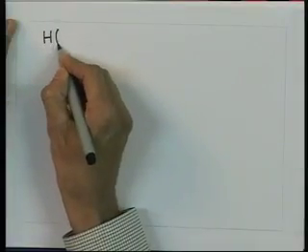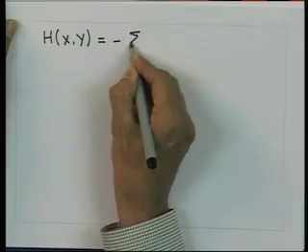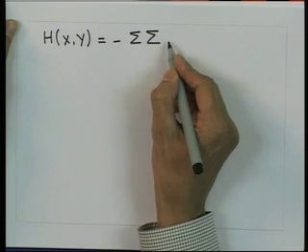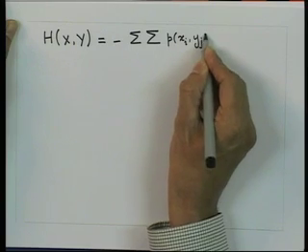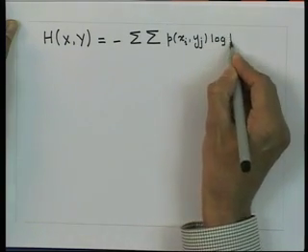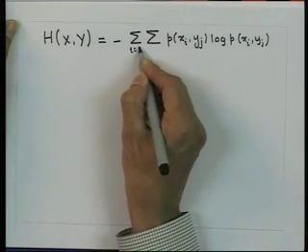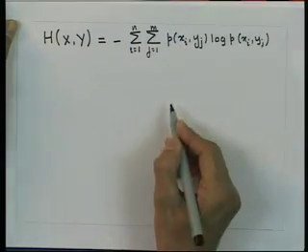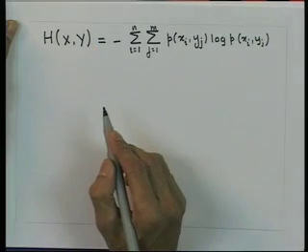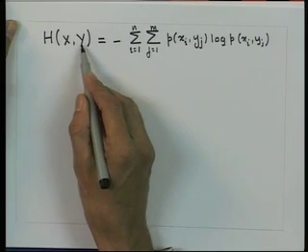The joint information measure was given as h of x, y, with i equal to 1 to n, j equal to 1 to m. This is the joint information measure which we define when we have two events taking place simultaneously and we observe them as one.